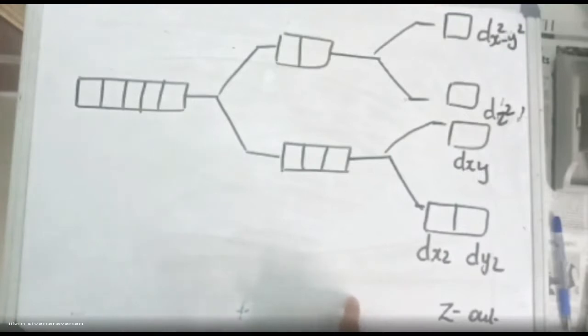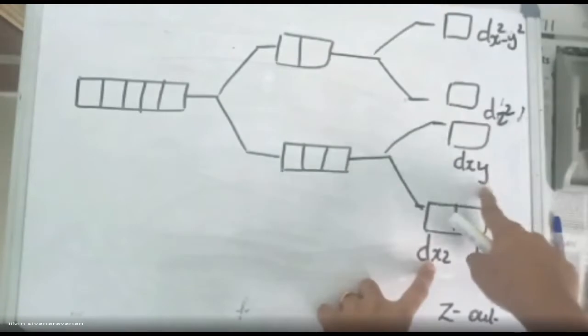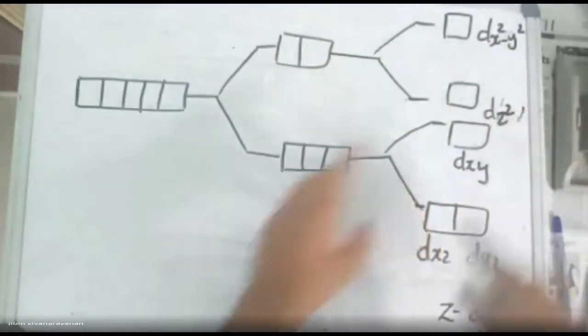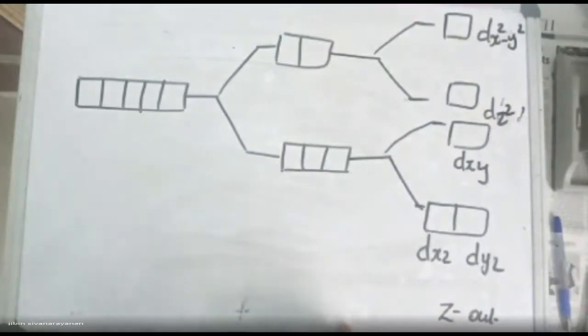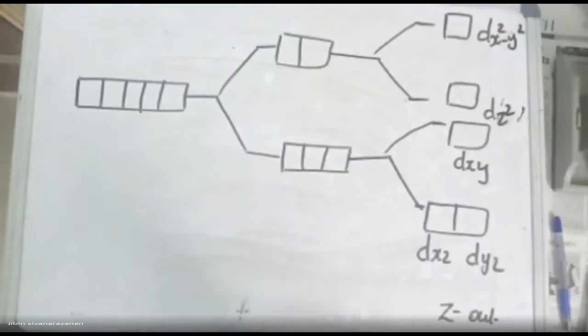So wherever this z component is coming, the energy is less than that of the other one. That is why this xz, yz, they are lesser in energy when compared to dxy. When these two are compared, the z component, wherever it is coming, has lesser energy than the other one. Whichever axis is getting elongated has the lower energy. So this is the z out configuration.